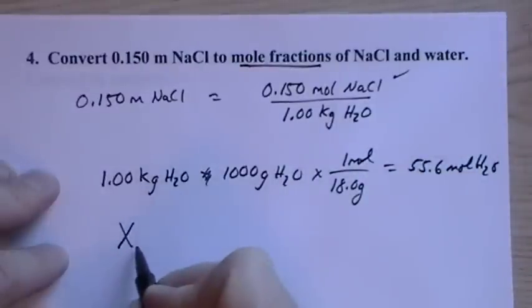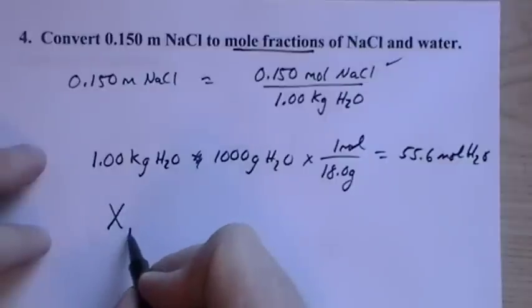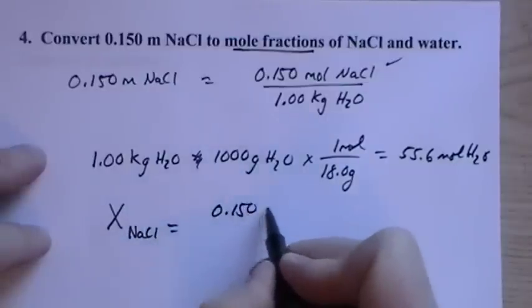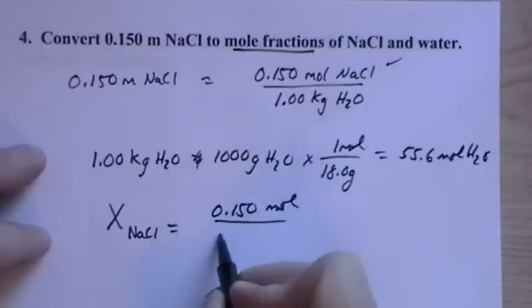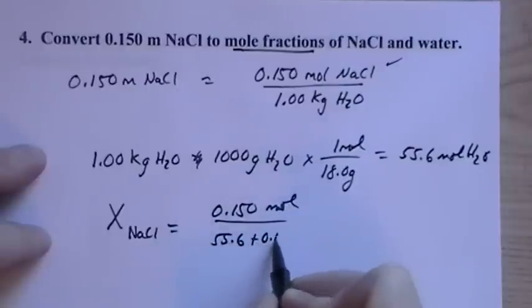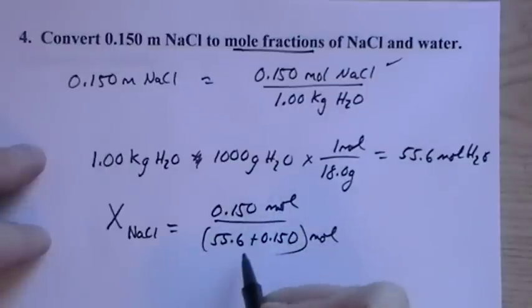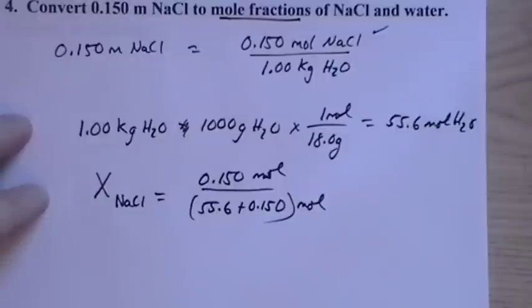So the mole fraction of sodium chloride is 0.15 moles over 55.6 plus 0.15 moles. You can see it's going to be pretty small because the amount of water is 55 moles.